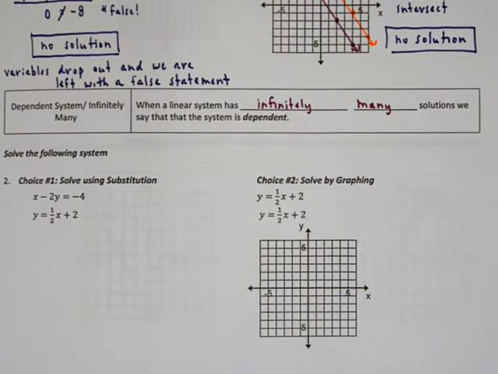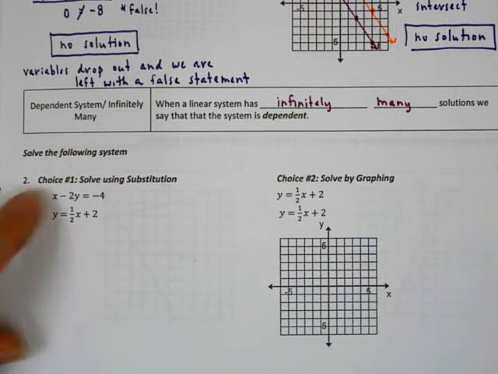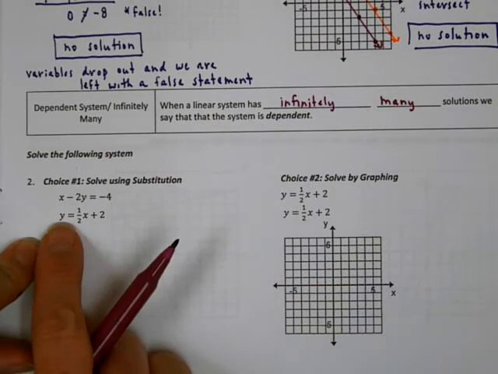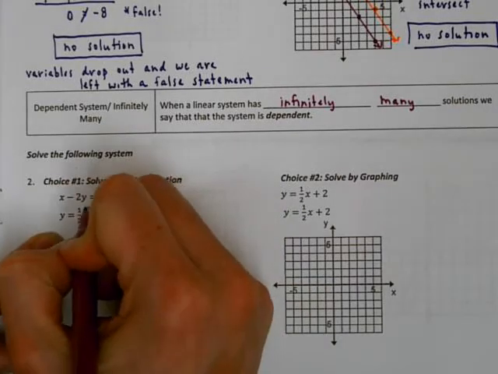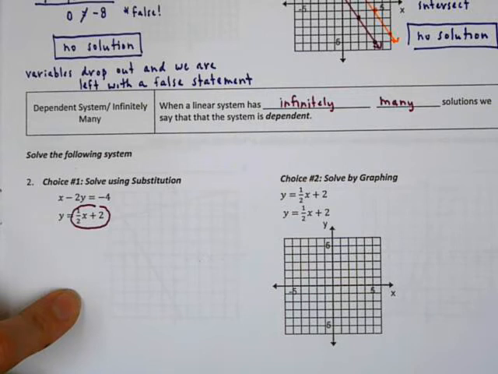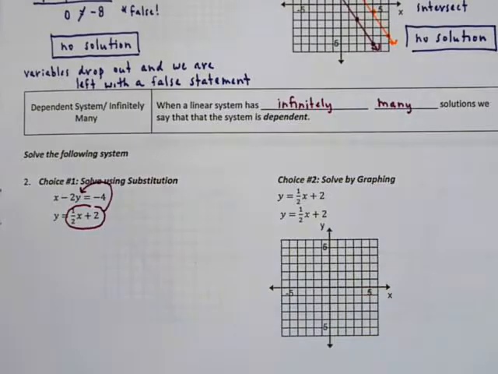So let's see what this would look like. Now, in our first example, this says solve using substitution, which I can tell is going to be a good option here because y is already by itself. So it means I'm going to take this stuff that we know is equal to y and plug it in y's place. I'm going to replace y with that expression.